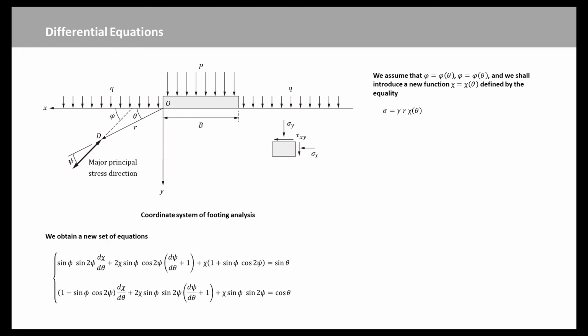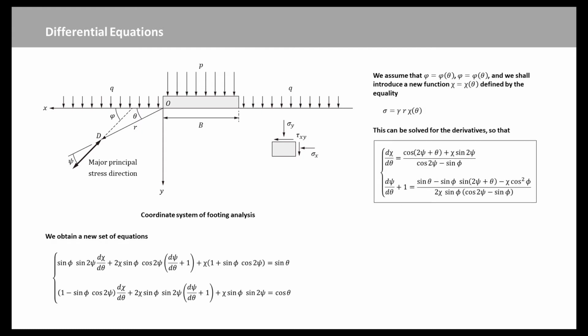Substituting expressions of the stress components sigma r, sigma theta, and tau r theta, which satisfy the condition of the Coulomb yield criterion, into the previous differential equations of equilibrium and rearranging, we obtain a new set of equations. This can be solved for the derivatives, so that we obtain the ordinary differential equations.